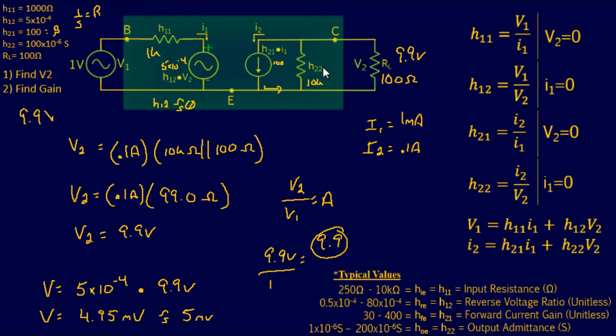Like I stated earlier, some textbooks don't even give you this value because it's usually so high it doesn't matter. For example, I had 100 ohms right here, and we came up with 99.0 ohms. So it only accounted for a 1% difference, a very minute amount. Even if I didn't take this into account, I would get very close to 10 volts, and 10 over 1, our gain would be close to 10. Even if you rounded this, it would be 10. So just keep that in mind.